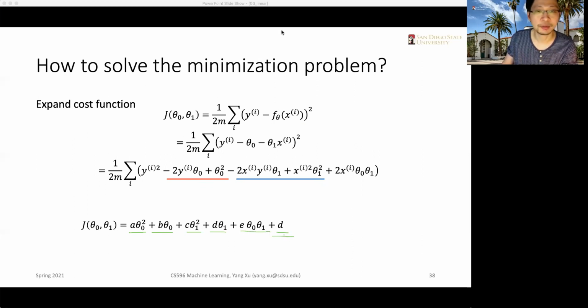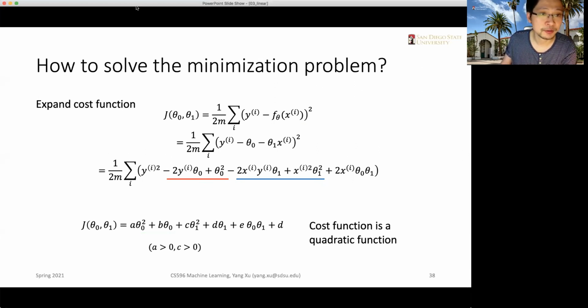Okay, we can write it as such a simplified form. So it's in nature a quadratic function. And also we know that the a and c, the quadratic terms' coefficients, are greater than 0. So it's good news for us, right? We basically know the shape of the function.